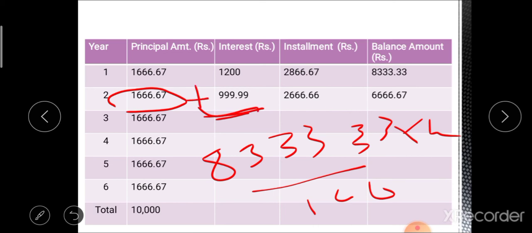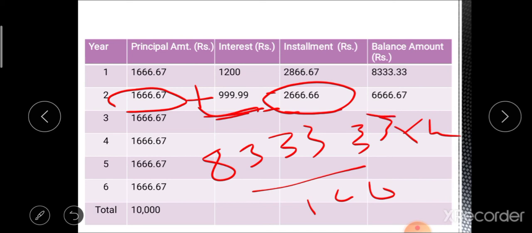Then principal amount plus interest, we get the installment amount for the second year, that is 1,666.67 plus 999.99 is equal to 2,666.66. It is the total installment for the second year.